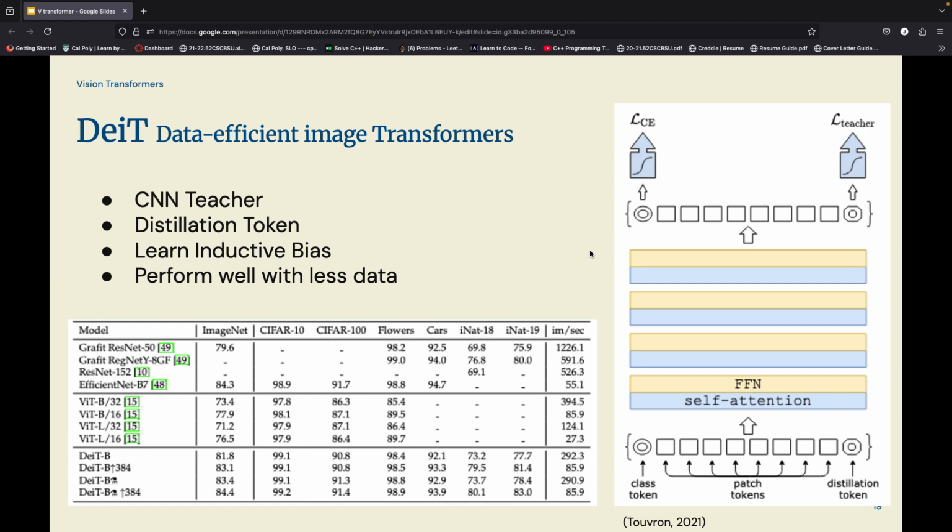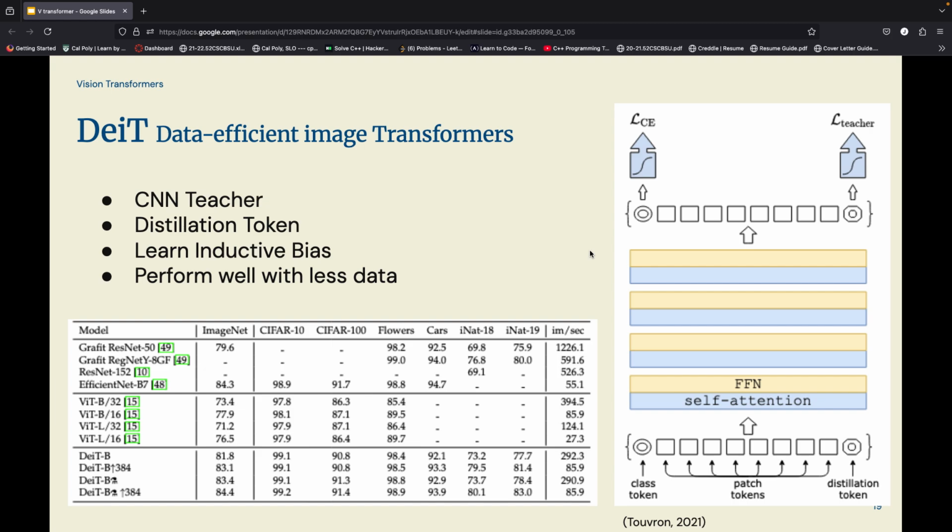This distillation token is inserted into our patches, just like how the class token is inserted into our patches before anything is piped into the encoder block. Basically, what this distillation token wants to do is to learn to classify like a state-of-the-art convolutional neural network.